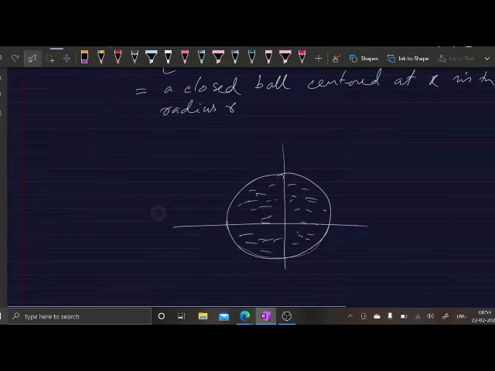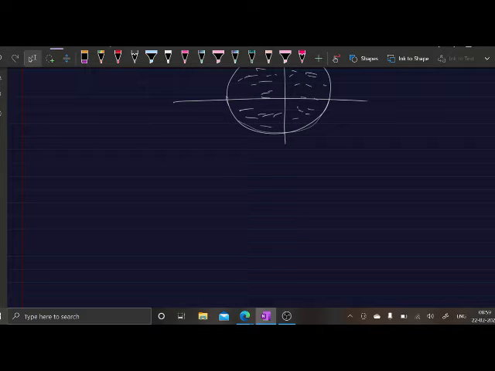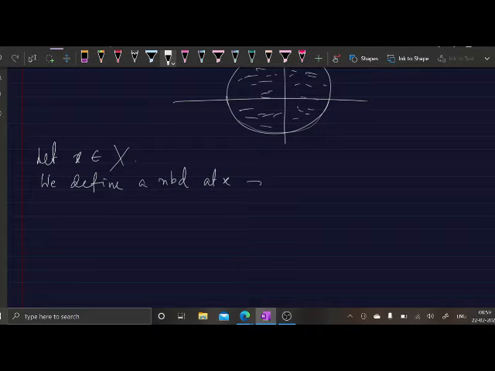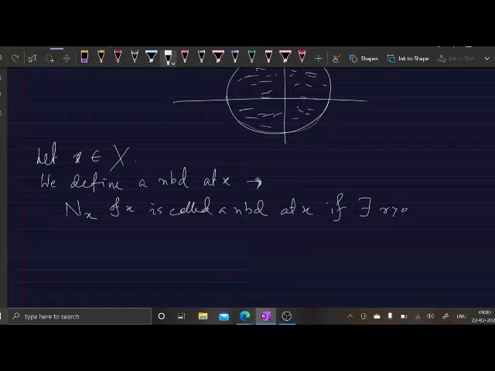Okay, now with the help of this definition we are defining, suppose small x belongs to capital X, then a neighborhood at x is defined as a subset N_x containing x is called a neighborhood at x if there exists an r greater than 0 satisfying the open ball centered at x with radius r is inside this N_x.